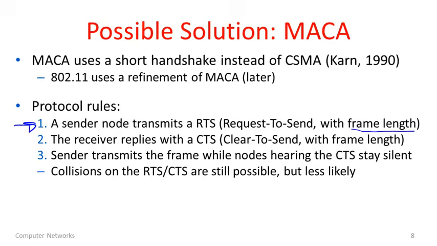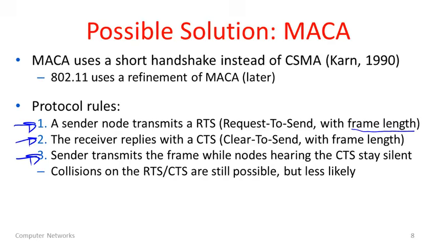The receiver, when it gets this, replies with a clear to send. That's simply another short packet saying, okay, yep, coast is clear, I'm expecting your frame, go ahead. We've just added a bit of preamble. And then, after all of this, the sender simply transmits the frame. That's it.